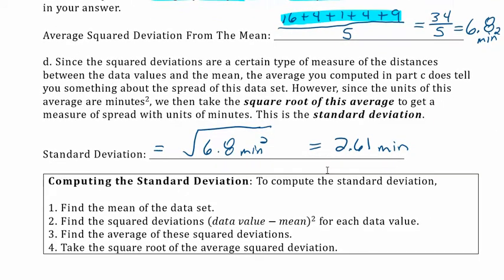So the steps to compute the standard deviation are listed here. Find the average. Then you're going to make a table and figure out the data value minus the mean, squared. Get all those numbers. Then you're going to take the average of these numbers in step 3. And then the last step is to take the square root of whatever you got from step 3.